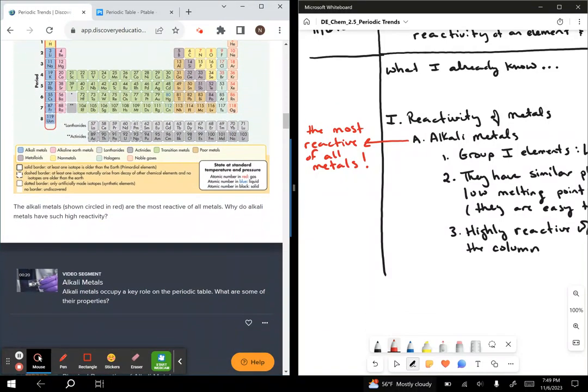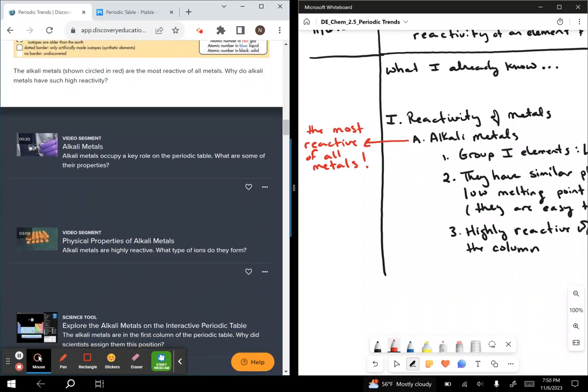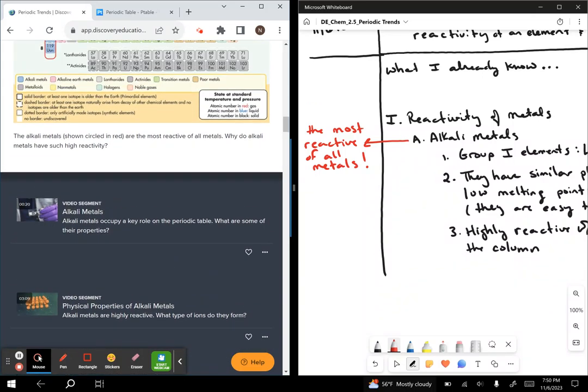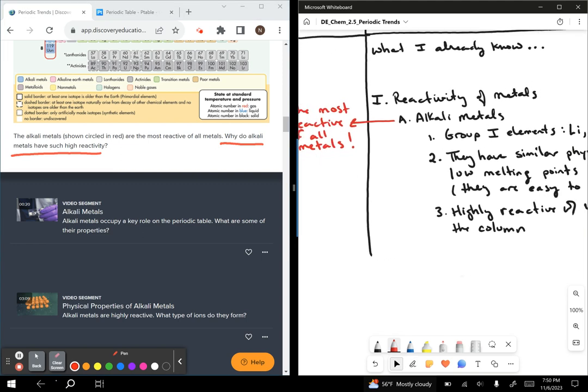I think that's where we left off. Here, I like this. This was not included, I don't think, on the last picture. Why do alkali metals have such a high reactivity? That's the question maybe you should be starting to ask yourself. They're the most reactive of all the metals. Why?